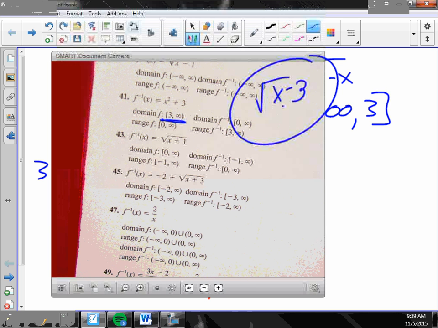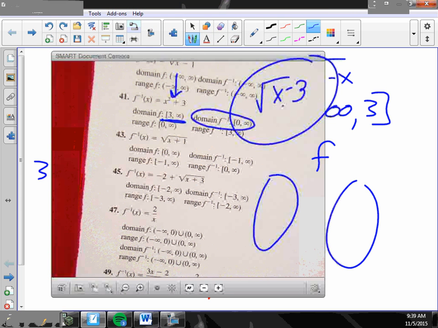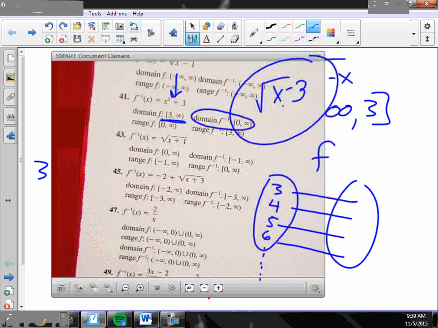Okay. But the domain of this is the range of the original function. If you look at this function, you can plug anything you want in there, right? So if I were to draw, this is function f, I can put in 3 and 4 and 5 and 6 and everything on from there. And that function is 1 to 1.